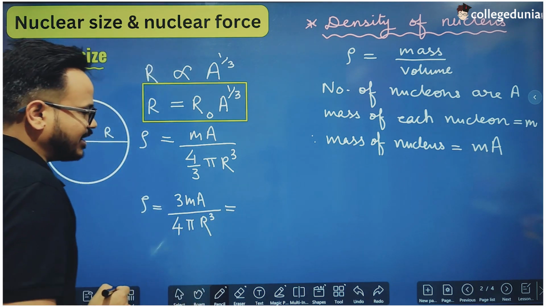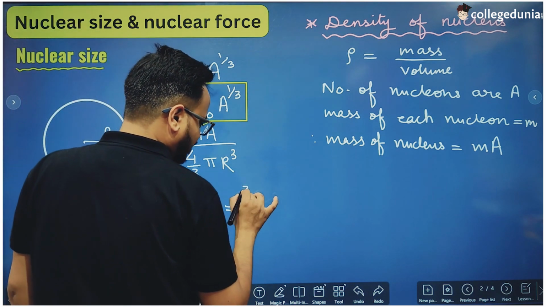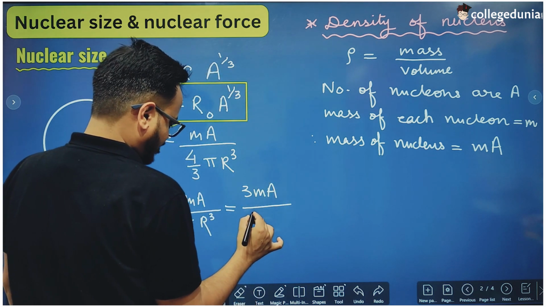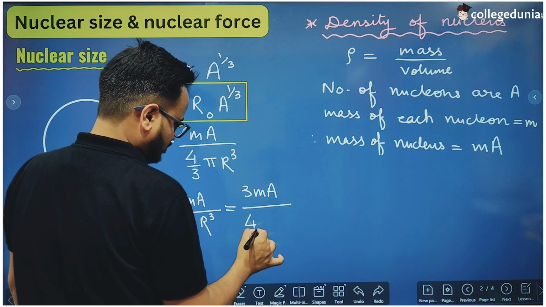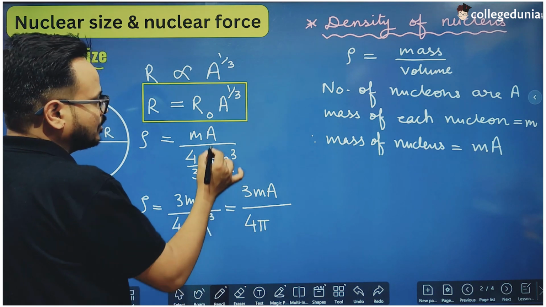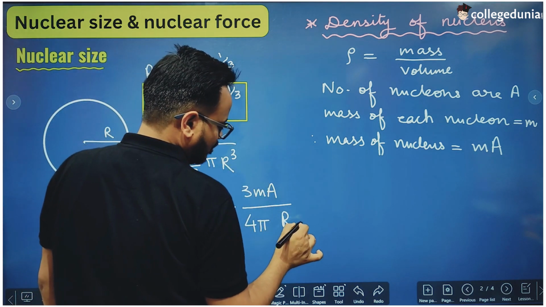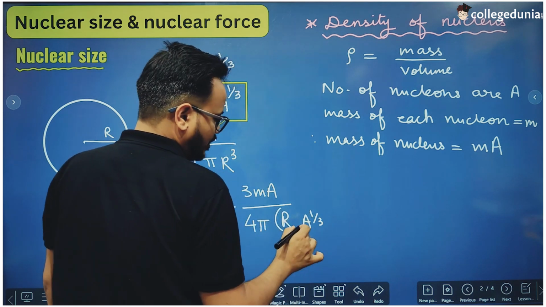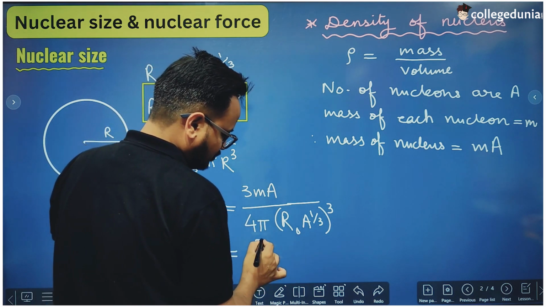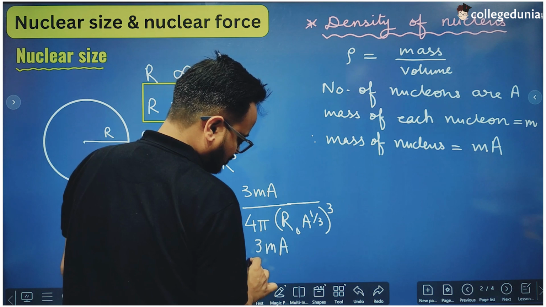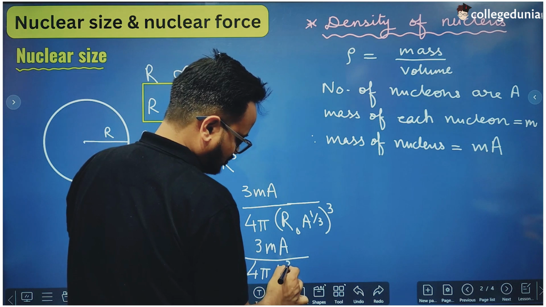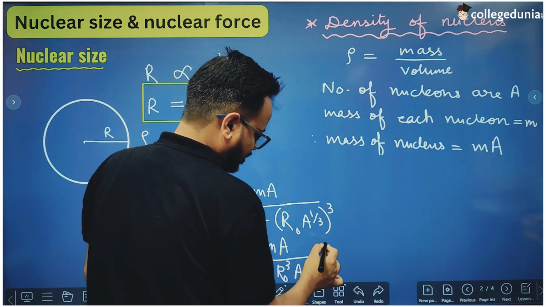Now let us put the value of r, which is r naught into A raised to power 1/3. So r cube is r naught into A to the power 1/3, whole cube.